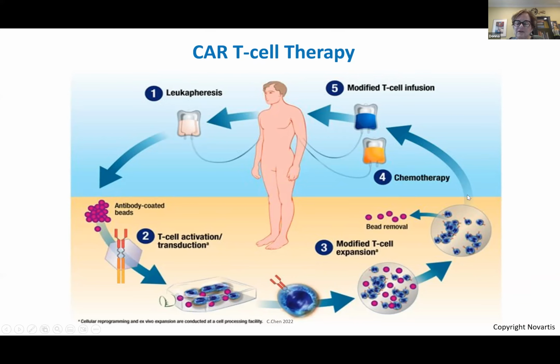Chemotherapy is given. Now, in a stem cell transplant, it's given to really kill down the myeloma population. And the stem cells are the rescue, so the blood counts come back as quickly as they can. Here, the chemotherapy is not the most effective for myeloma.